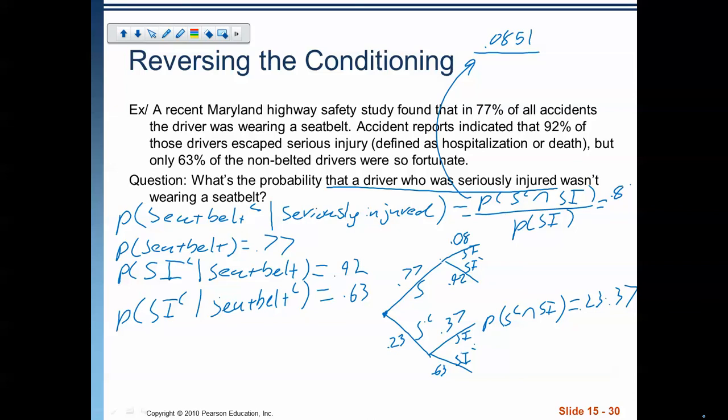So we have seatbelt and seriously injured, and we have without a seatbelt and seriously injured. So the two ways that we can be seriously injured were if we're wearing a seatbelt or if we're not wearing a seatbelt. And if we add those two probabilities together, we'll have the probability of being seriously injured. So we're going to take this branch, which is the probability of seatbelt and seriously injured, which is 0.77 times 0.08.